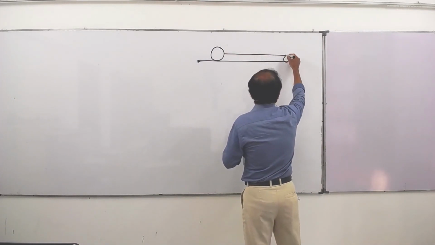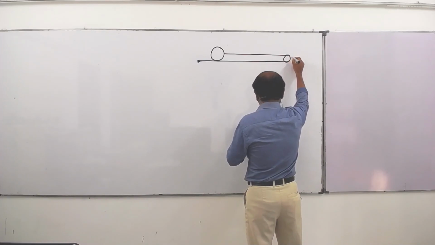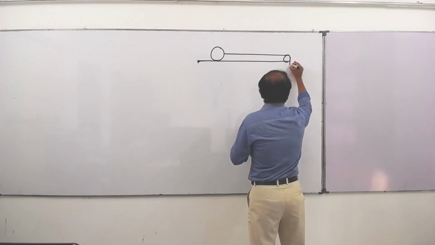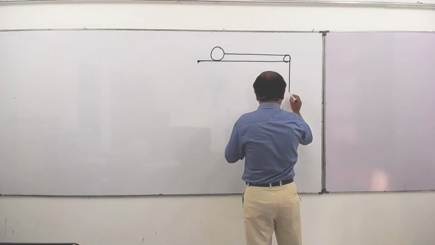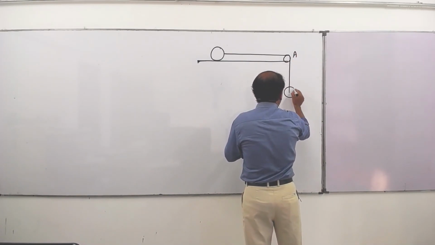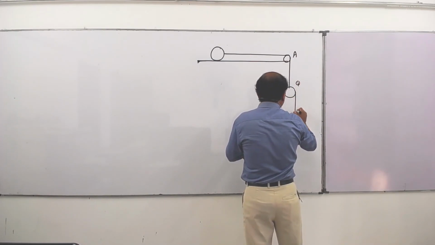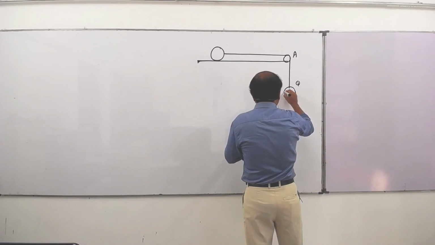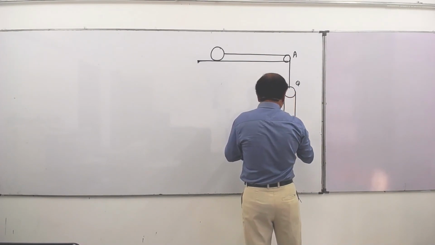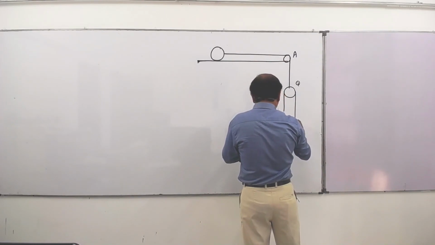This relative acceleration question there. See here, particle Q is here. Here we have mass 3m, here 2m.